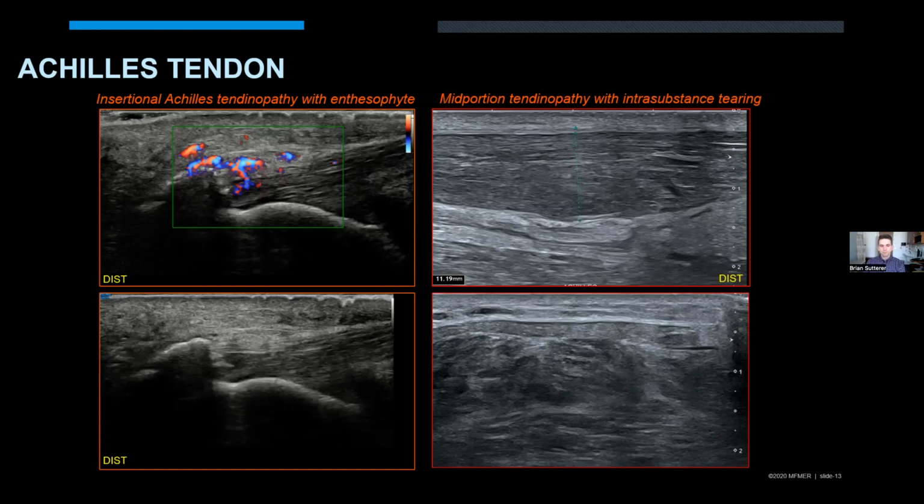For those of us that do procedures in that area, we look very carefully at the pattern of the distal Achilles tendon to help direct how we might approach the treatment. If there's high-grade tearing and a huge Haglund deformity, we may decide this is more of a surgical problem.